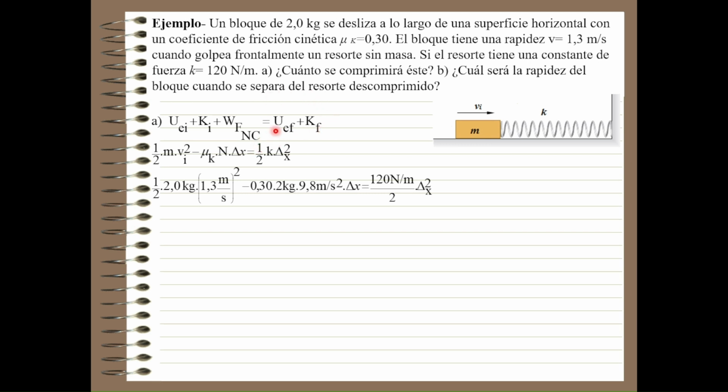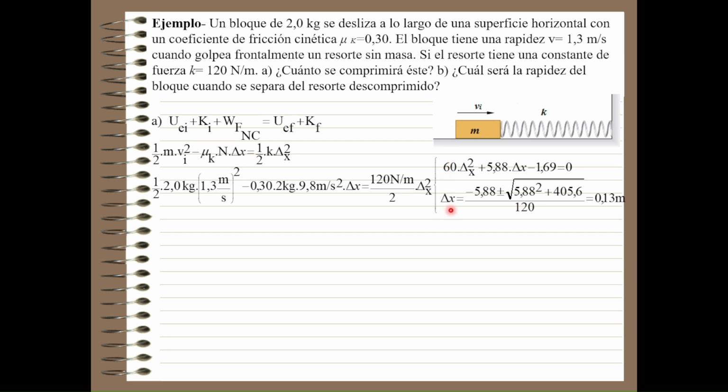On the second side, as we anticipated, the final kinetic energy is zero because the block comes to a stop. However, it reaches the maximum compression, having elastic potential energy, which is half of the spring constant k times the displacement delta x squared. In this expression, after substituting the values given in the problem and then grouping them together, we obtain this final equation, which, as we can see, is a quadratic equation.